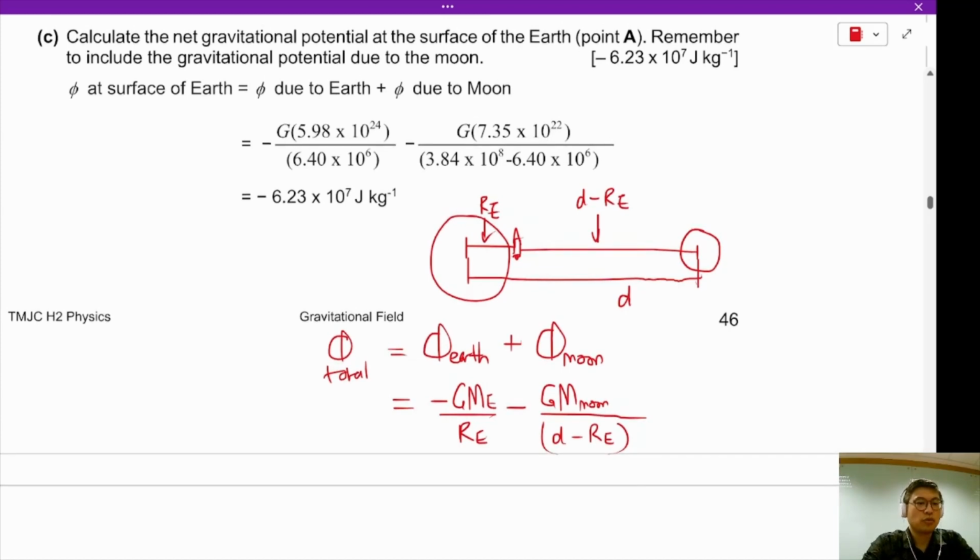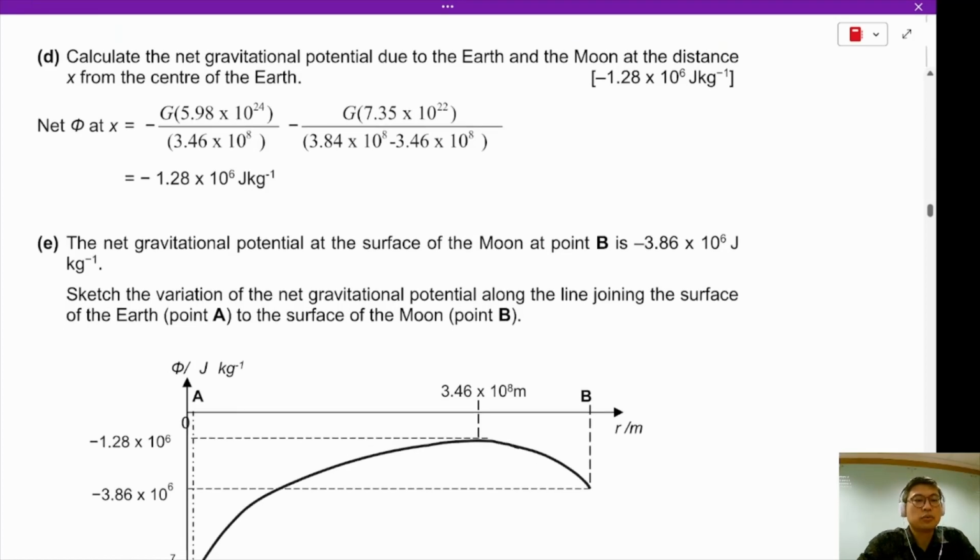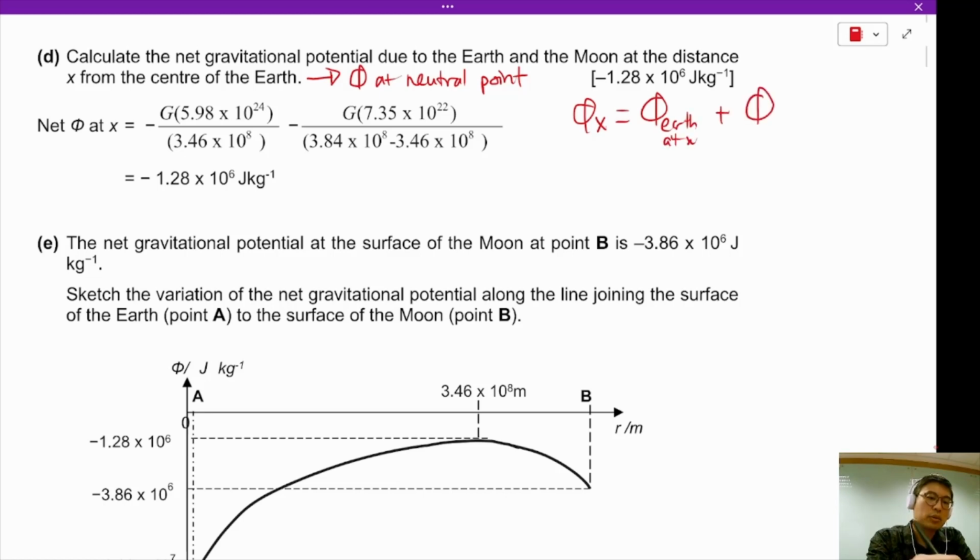Now let's move on to the next part. Calculate the net gravitational potential due to the Earth and the Moon at the distance x from the center of the Earth. What are they asking for? They're asking for the gravitational potential at the neutral point. So the gravitational potential at x will be equal to the gravitational potential of the Earth at x plus the gravitational potential of the Moon at x.